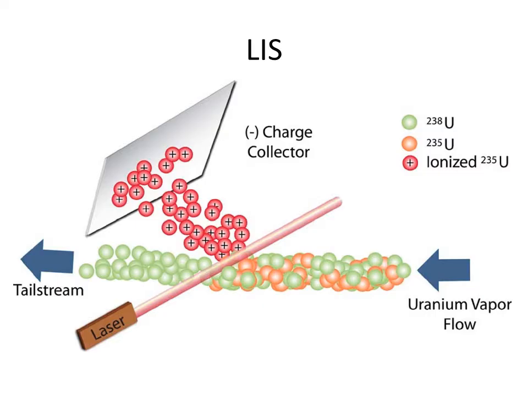Now this LIS, which is laser isotope separation, can also be considered another industrial application, because it can be used to separate isotopes like uranium-235 and 238, which are used in nuclear reactors. The essential idea is that when you get uranium from the earth, it consists of both 238 and 235.